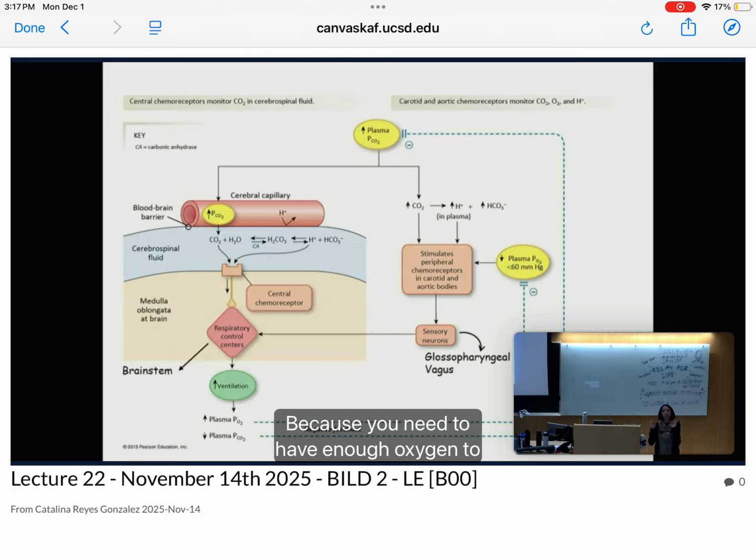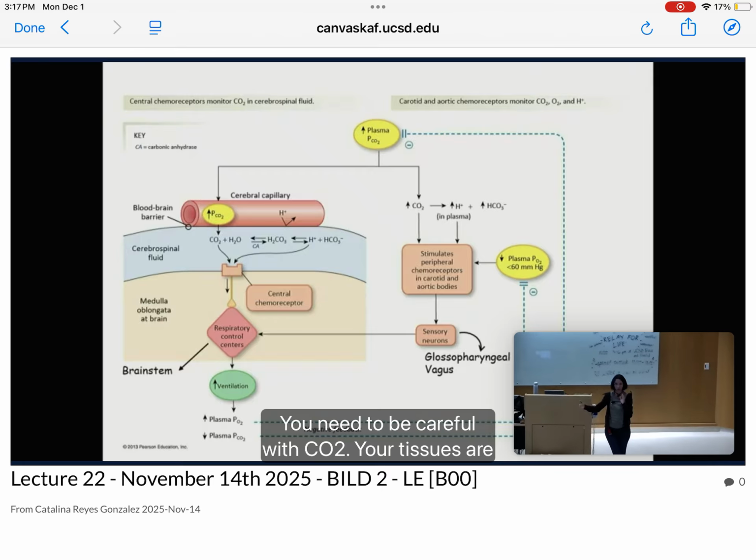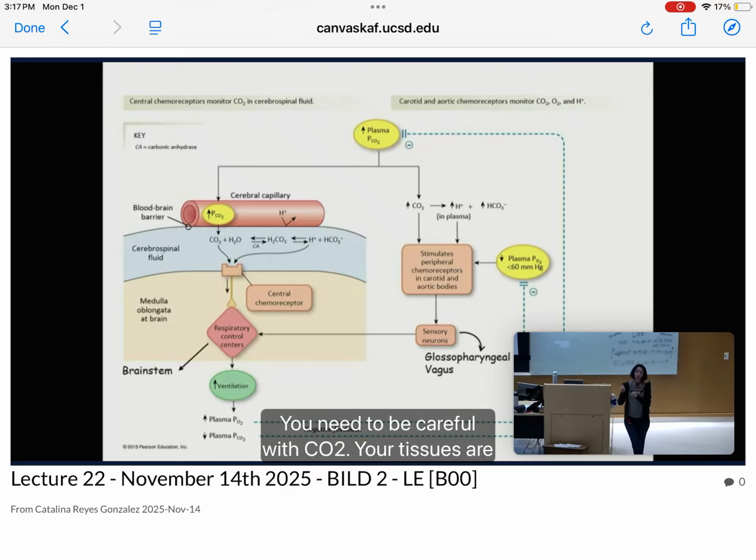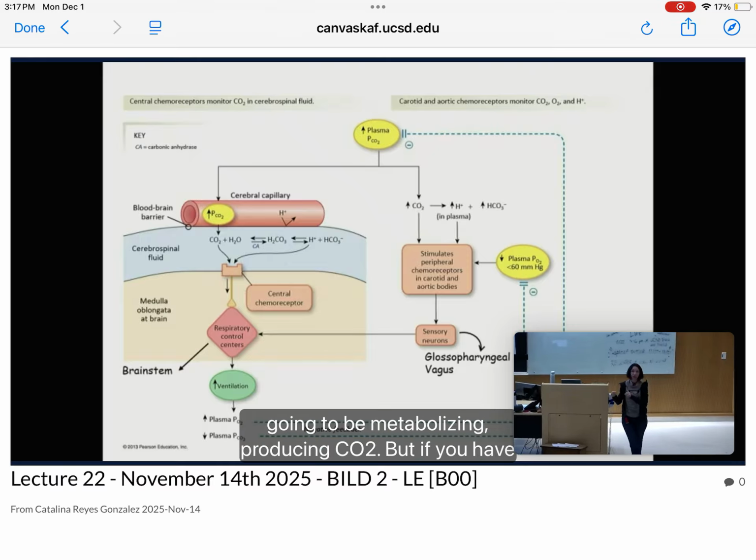Why? Because you need to have enough oxygen to satisfy the metabolic demands of the tissues, right? You need to be careful with CO2. Your tissues are going to be metabolizing, producing CO2, but if you have too much CO2, then you're going to become acidotic. Same idea, if you have too many hydrogen ions, you're going to become acidotic.